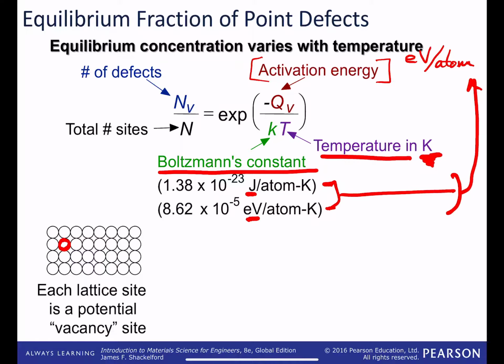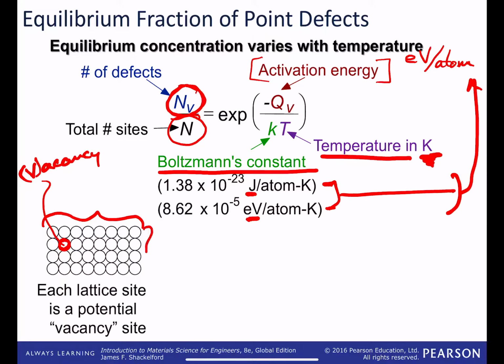So notice this equation is exponential. We have the fact that the ratio of defects, vacancies, to the total number of sites, so that might be every white sphere down here, and the number of vacancies might be that one position here, so that's a V, vacancy.